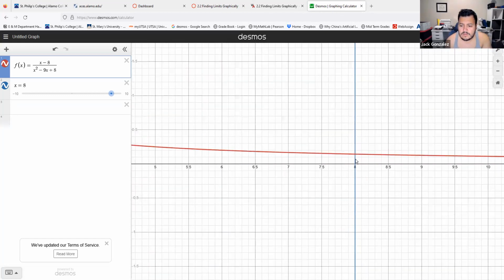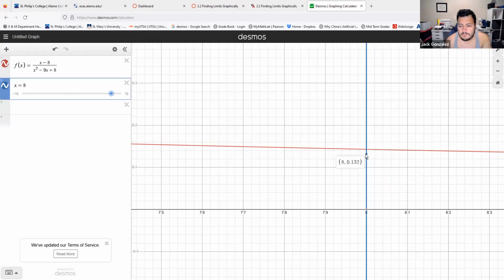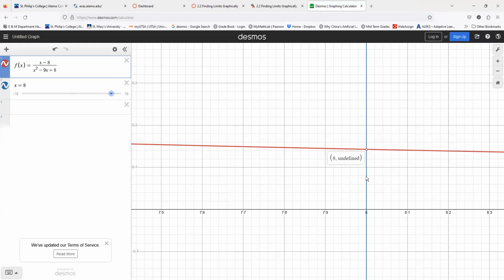So it looks like there's some value here, right? So as I come from the left side, this is the negative side, the y value is going to, looks like 0.14. As soon as I get there, though, what happens? It says undefined.